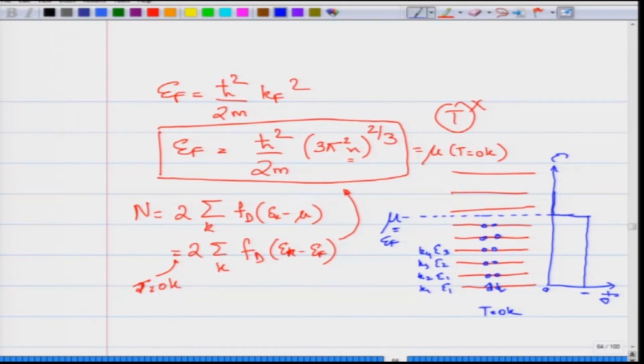So all these states are fully occupied, and this gives you the maximum energy, which has to be proportional to the number of particles. The more particles, the higher you can go up in energy; the fewer the particles, the lower the location of the Fermi energy.